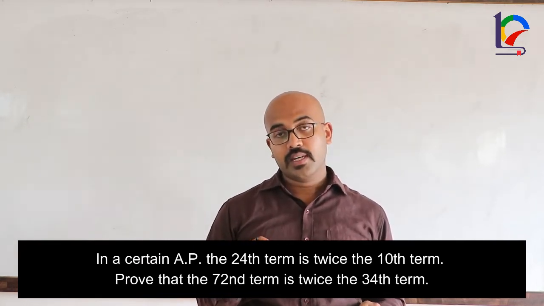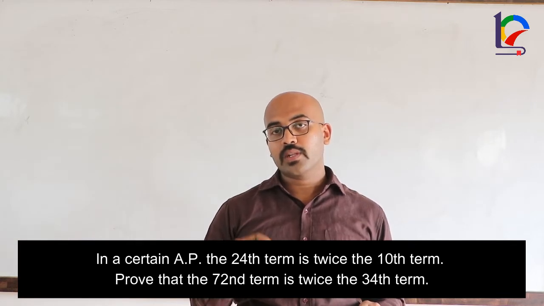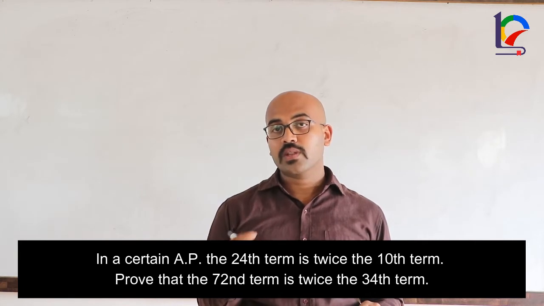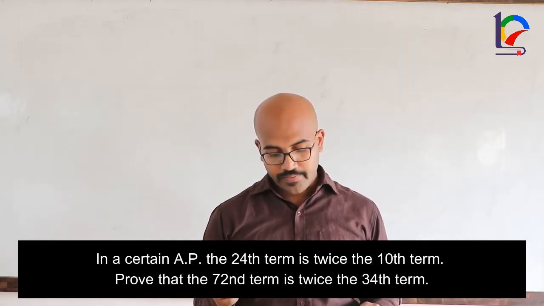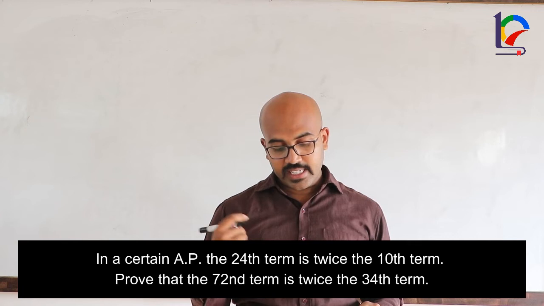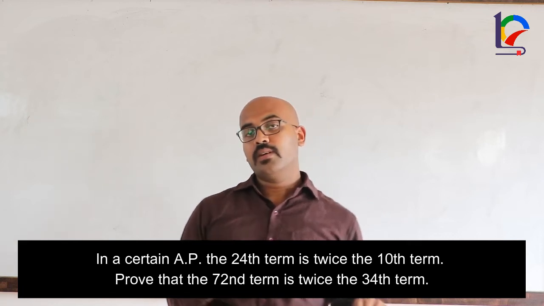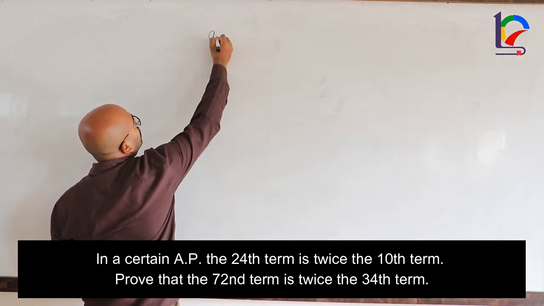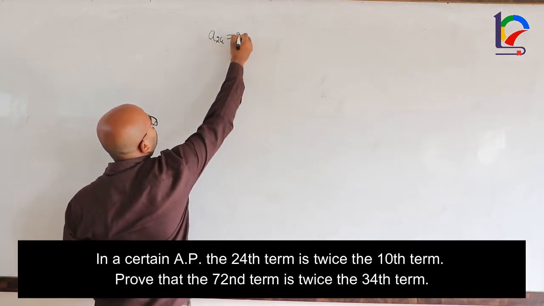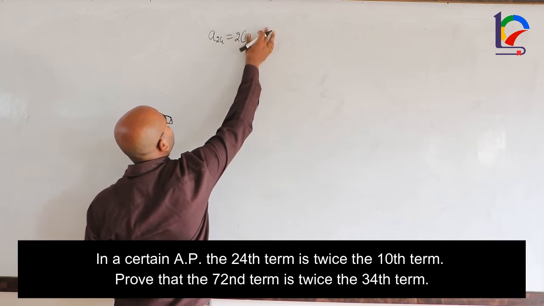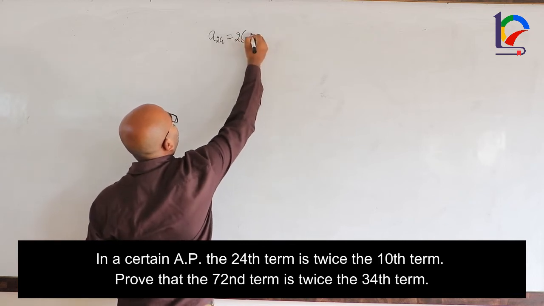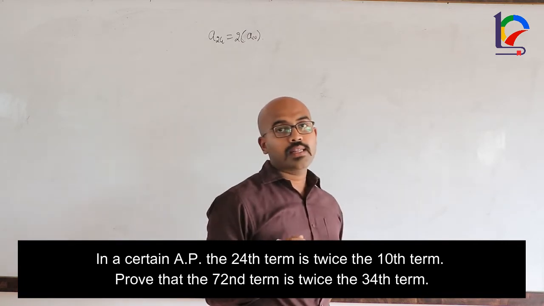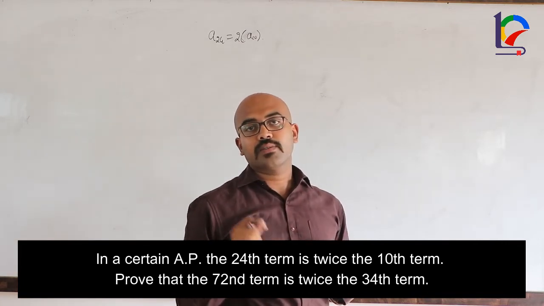In a certain AP, the 24th term is twice the 10th term. Prove that the 72nd term is twice the 34th term. So what they have given is the 24th term is twice the 10th term.